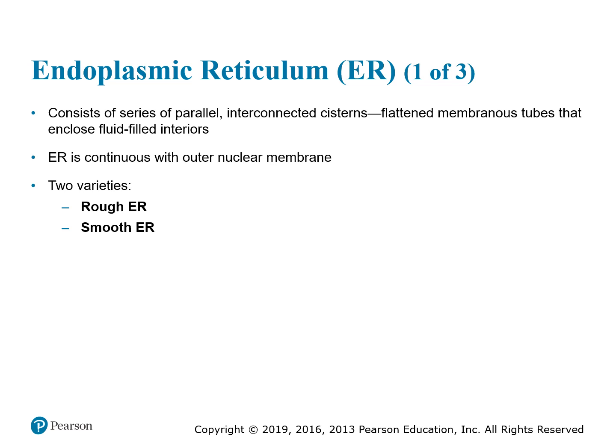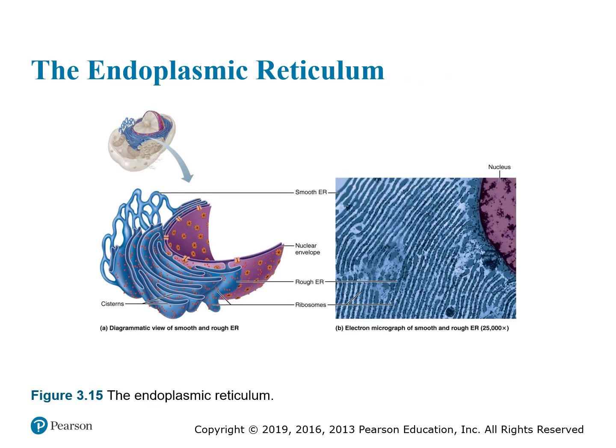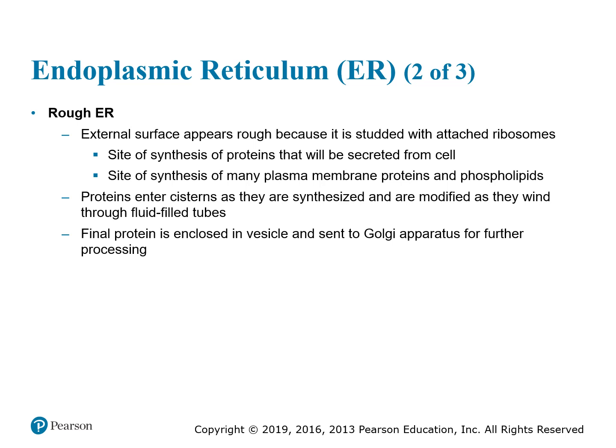The endoplasmic reticulum is just a series of flattened, parallel, interconnected sacs, essentially. And it has lots of jobs, but there are two different varieties that we like to make a distinction between, rough ER and smooth ER. The rough ER appears rough because it is studded with the ribosomes.